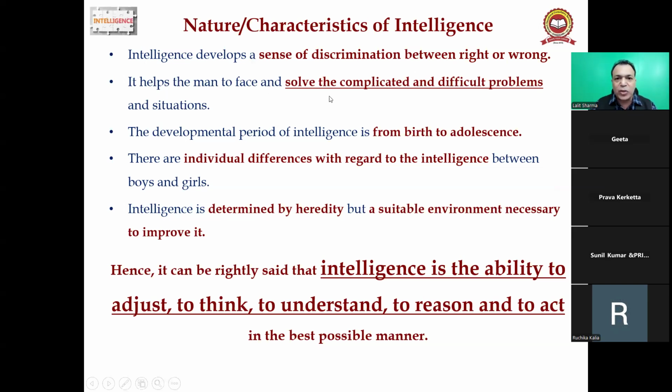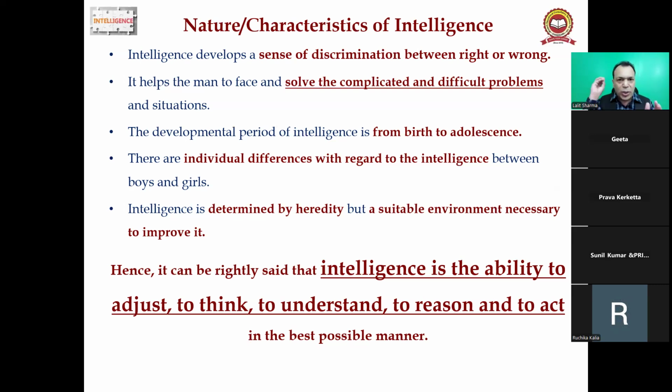Intelligence helps a person solve complicated and difficult problems and situations. Next, the development period of intelligence is from birth to adolescence. Birth to adolescence, intelligence goes at a very fast speed. That's why, guys, in the formative years of a child, we can teach effectively.